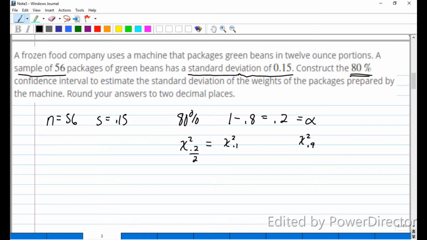So you can do that mental math. All right, one last thing we need is the degrees of freedom. Okay? So degrees of freedom is going to be 56 minus 1, or 55.